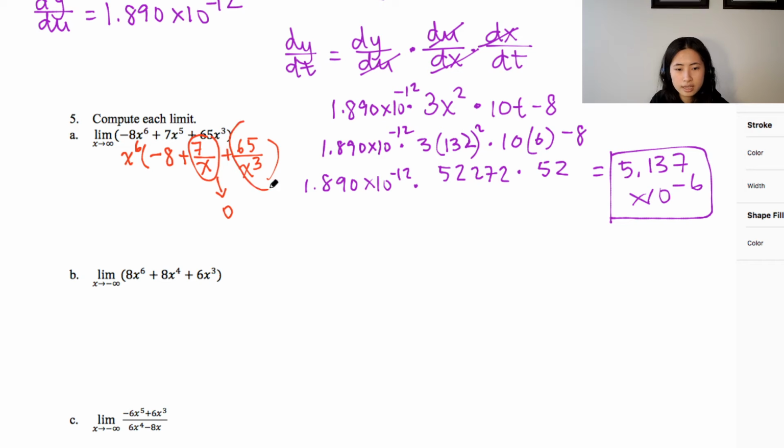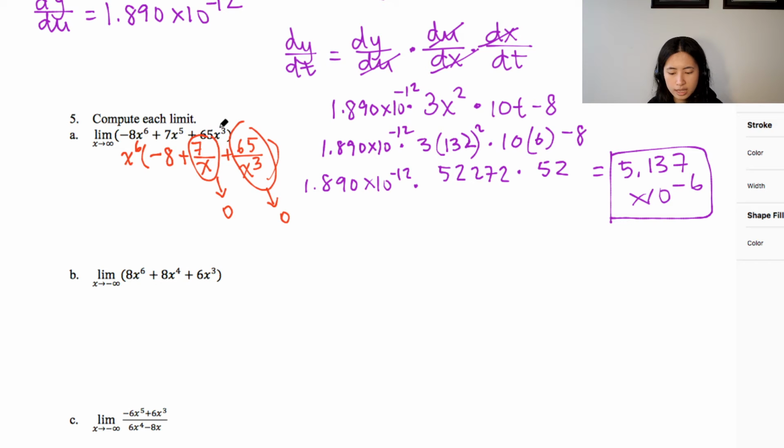And why is it that the limit of this approaches 0? Remember limit laws, because you take the limit of this, you would have limit of negative 8 plus limit of this plus limit of this. The reason why this approaches 0, try this now in your calculator. If you have 7, and let's say your x would be, because it's approaching infinity, maybe you can plug in 7 divided by 10,000.